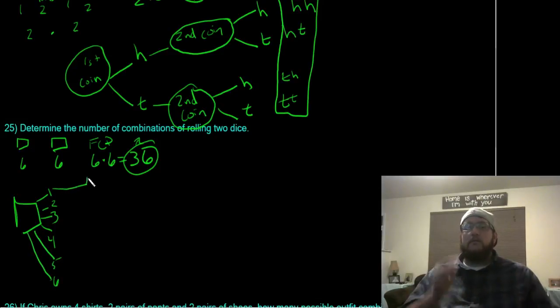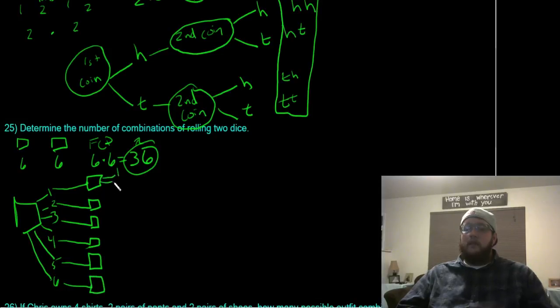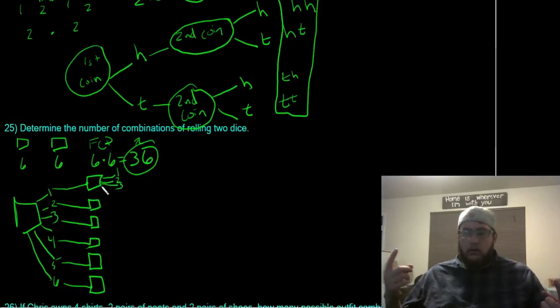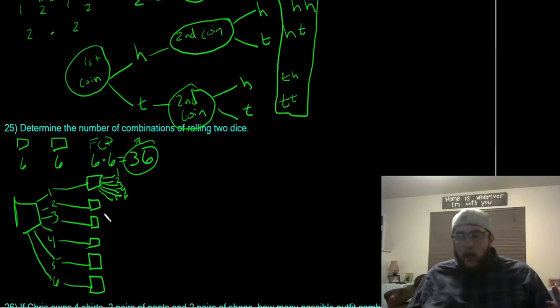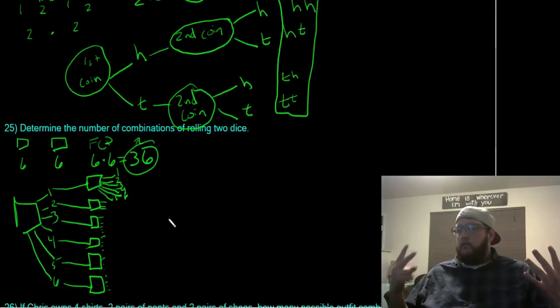And this will go to the second dice. And each one of these will have a 1, 2, 3, 4, 5, 6. You'll do the same thing for all of these ones. You'll actually need to draw them out, but you'll have 36 different options.